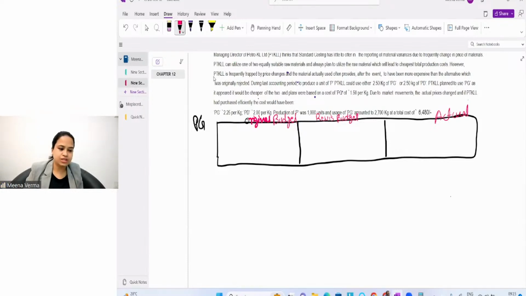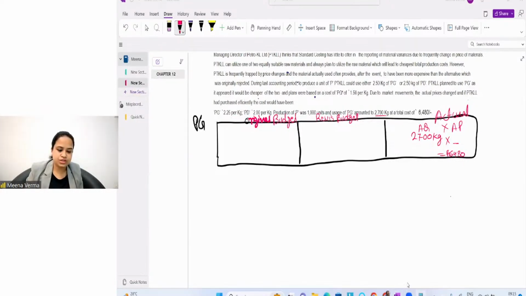Okay. You can see how much quantity of raw material they are actually using. 27,000 kg is the actual quantity of raw material, into the actual price, which is what? We don't know the actual price, it's not given. But the total price is given. Total is 6480 rupees. So I can find the per unit price because we know the quantity.